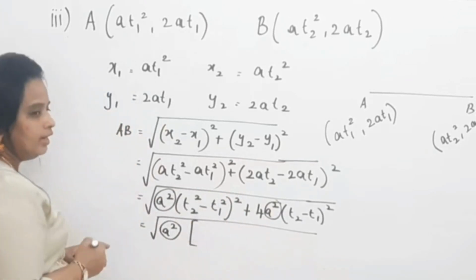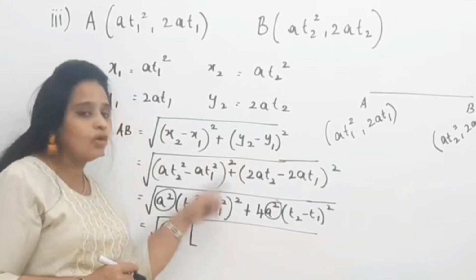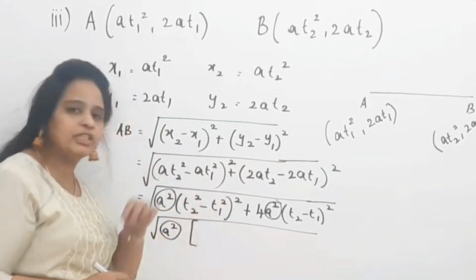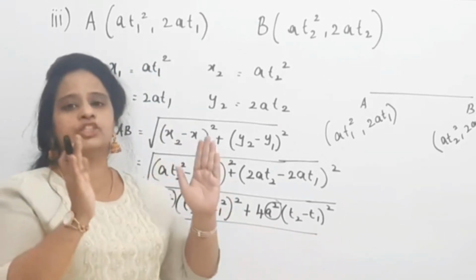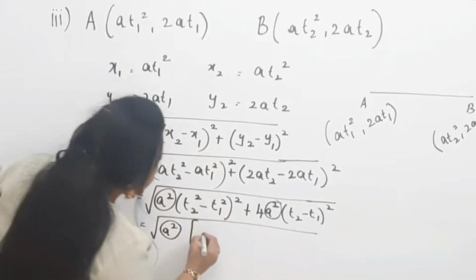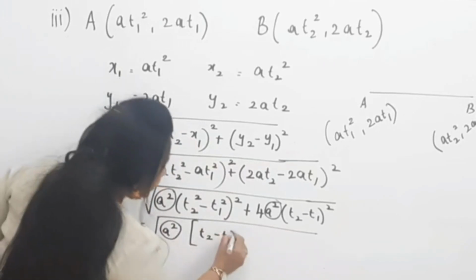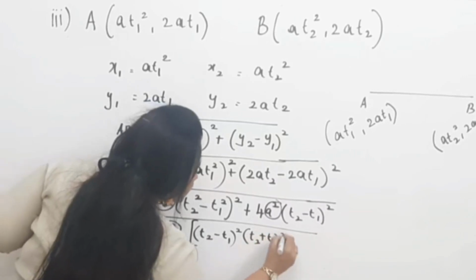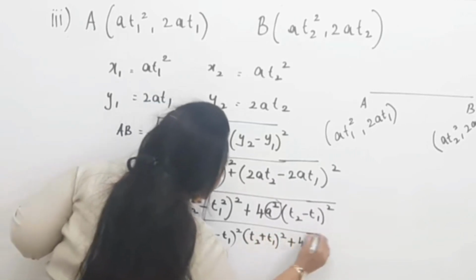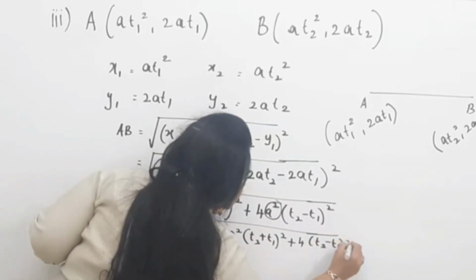I'm left with, now you have to use your identity. A square minus b square the whole square. So a square minus b square is (a plus b) into (a minus b) the whole square. So I would write in a separate manner: (t2 minus t1) the square into (t2 plus t1) the square plus 4 into (t2 minus t1) the whole square.